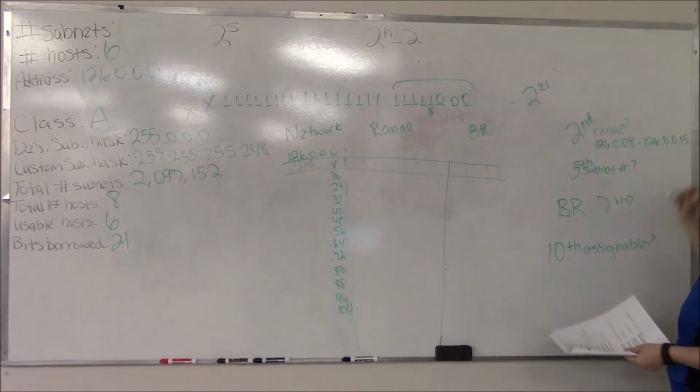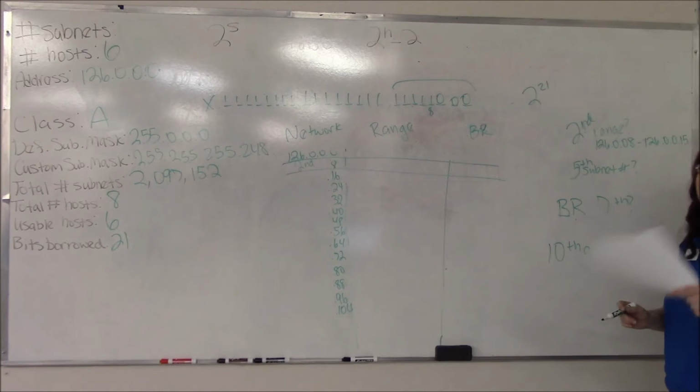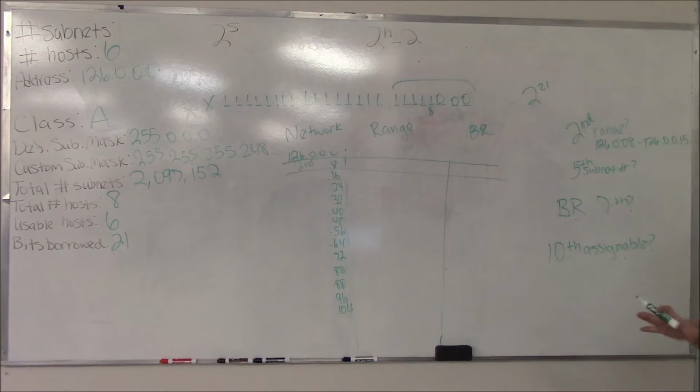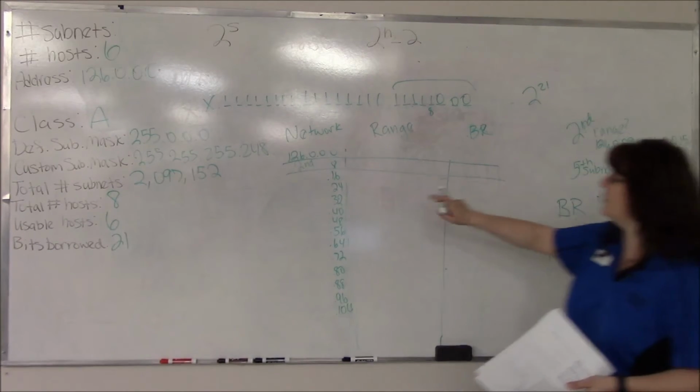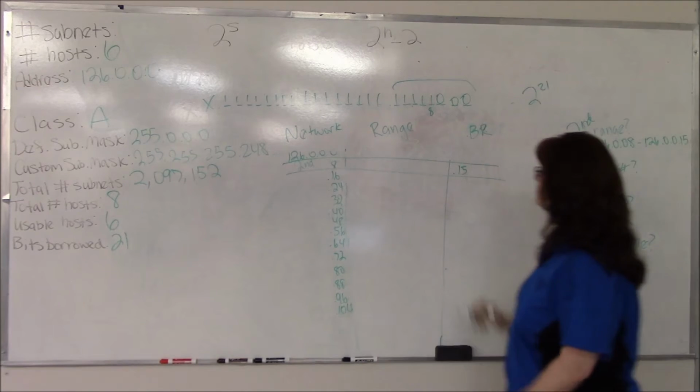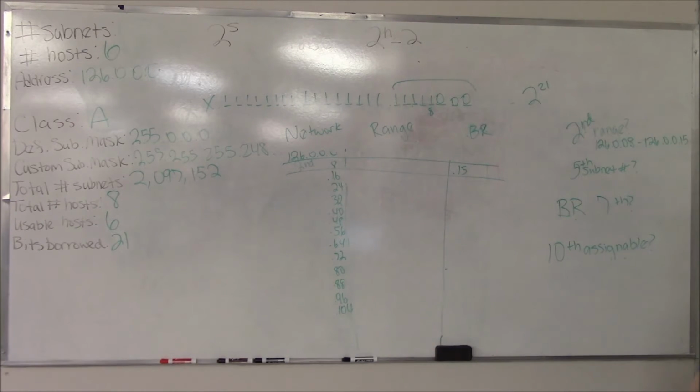Oh, you said 0.15, and I totally thought you meant something else. But that is also what 15 means, so you're good. So from 8 to 15, that's the range of the second subnet.